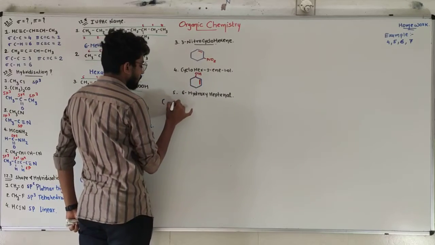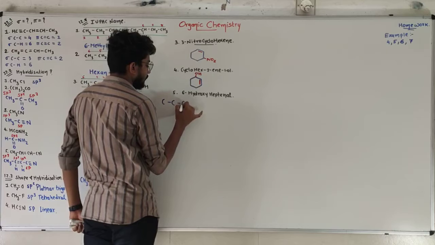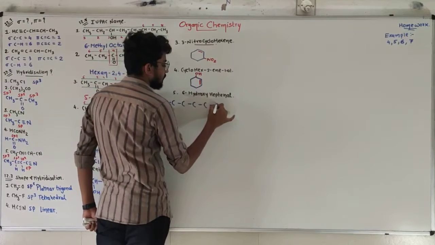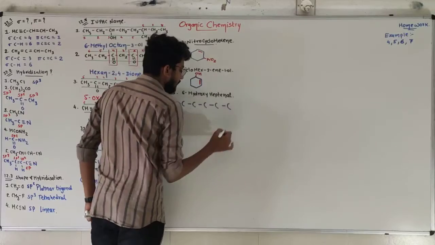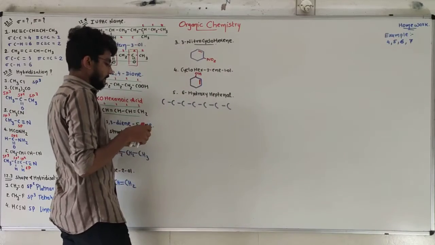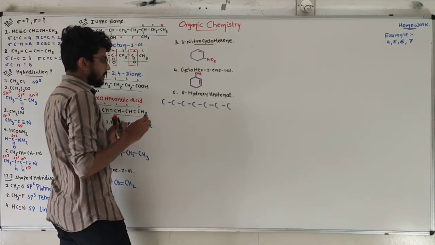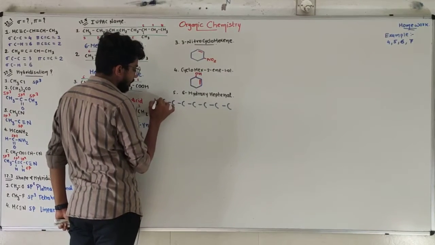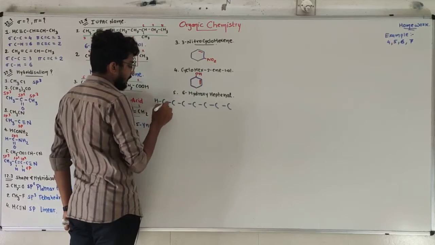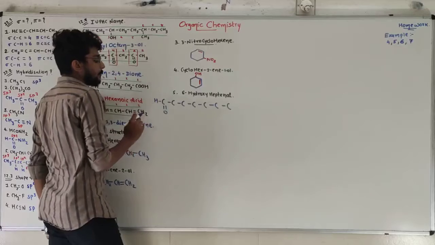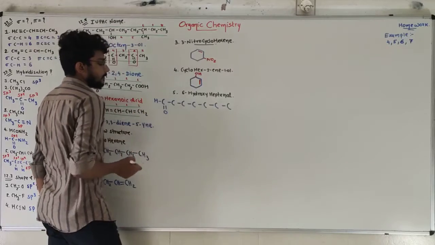So the first one, second one, third one, fourth one, fifth, sixth and seventh. Heptanal is there. That's why on the first carbon there is a double bonded oxygen and single bonded hydrogen, CHO. In the sense an aldehyde group is there on the first carbon.